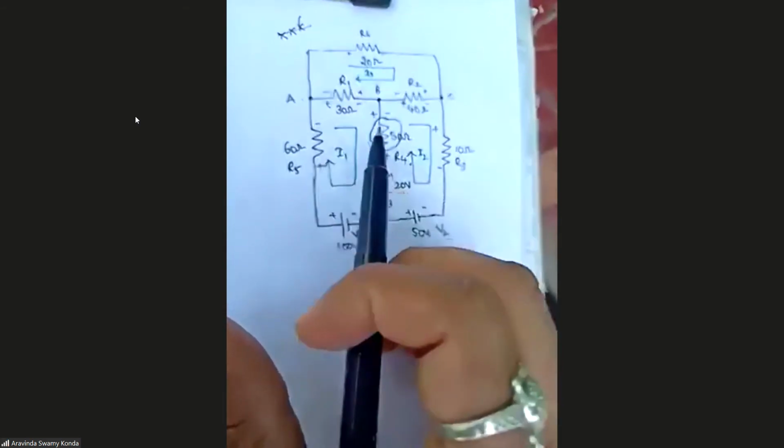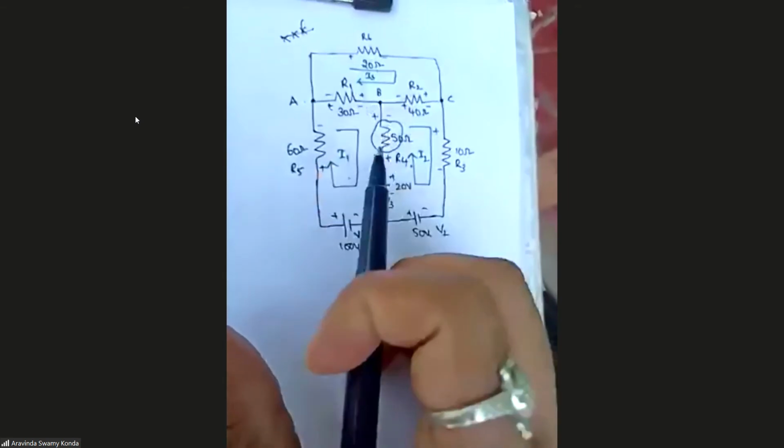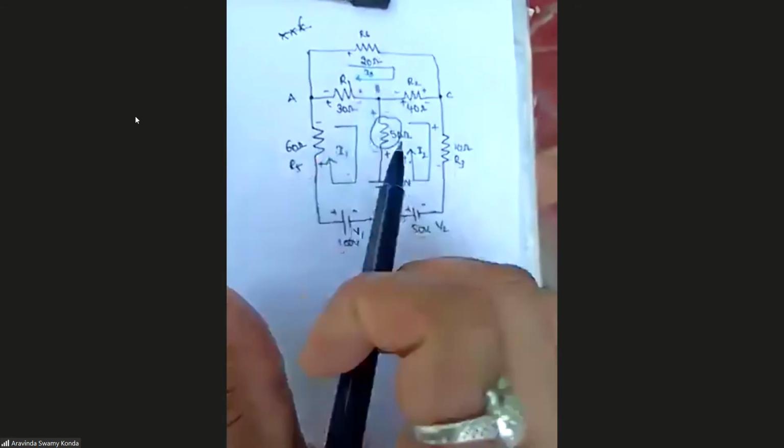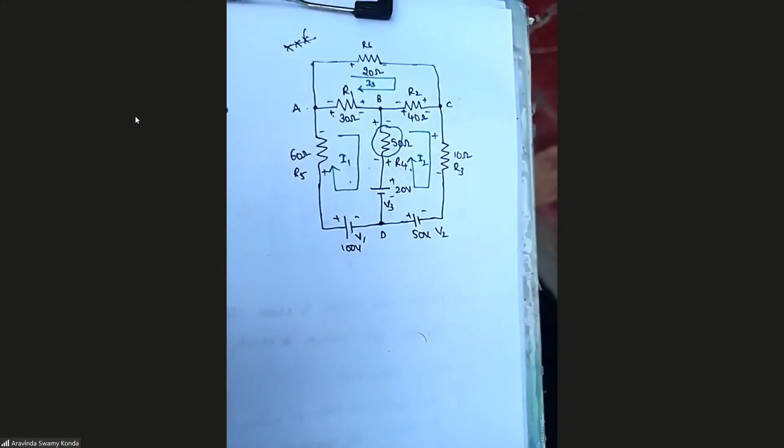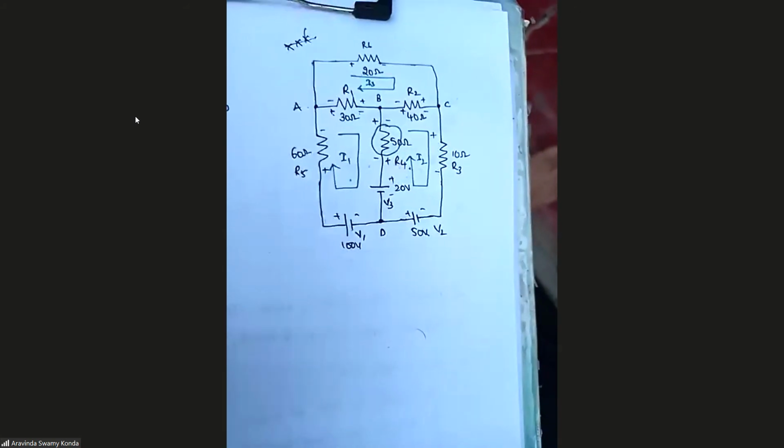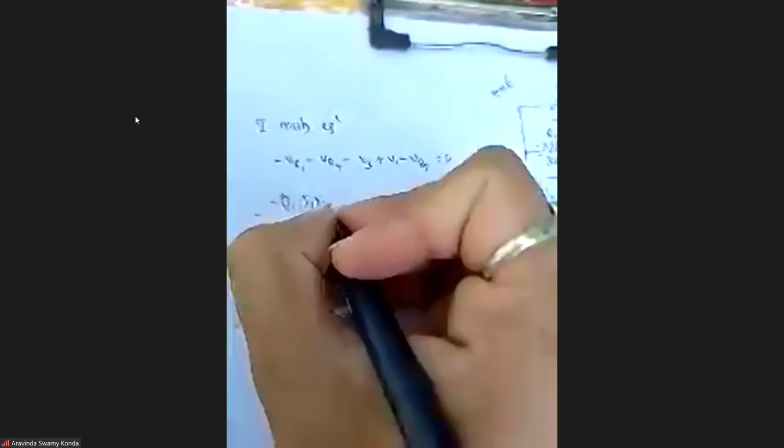So what is the resultant current? I1 minus I3 or I3 minus I1? I1 minus I3, sir. For whichever mesh you are writing, that current you assume is higher compared with the other. So that is minus (I1 minus I3) into R1.